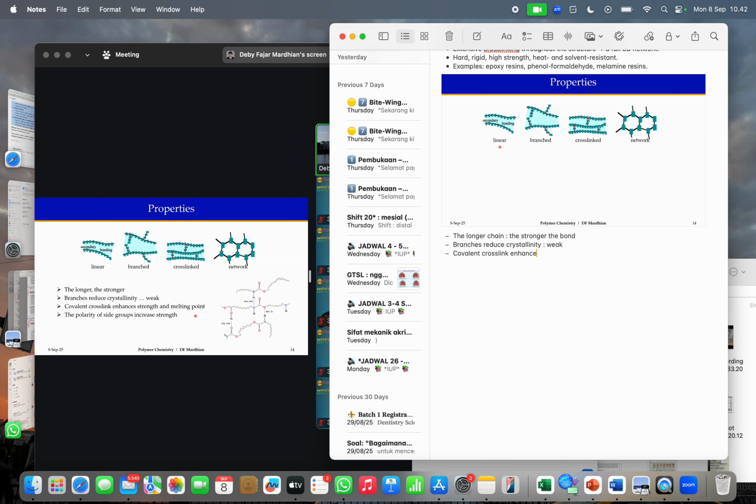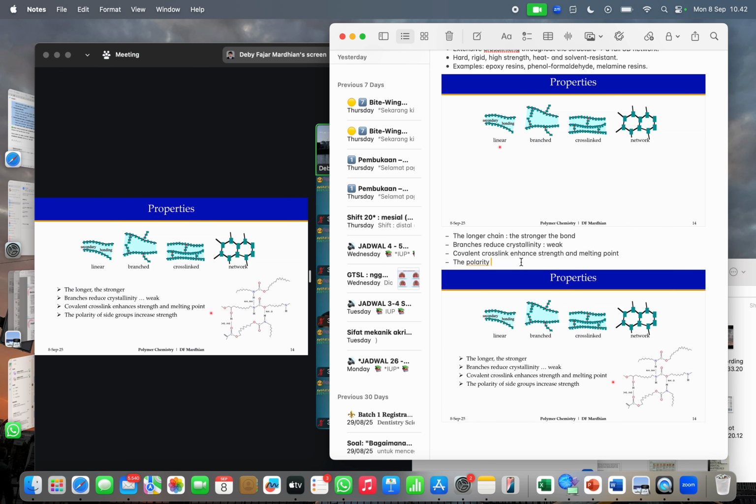And in addition, the polarity of the side groups also increases the strength, because sometimes side groups of polymers, or the functional groups of the polymers, may have some chemical characteristics. Like I mentioned before, they can interact with each other to create secondary bonds, like van der Waals or hydrogen interaction.